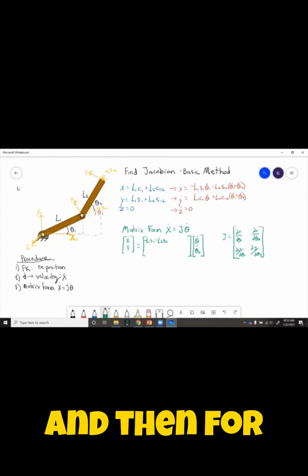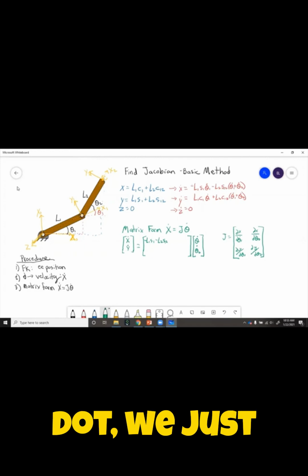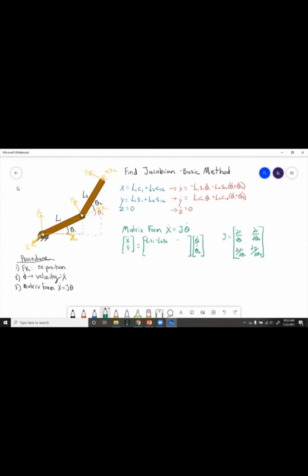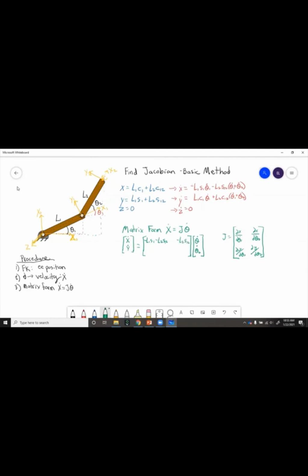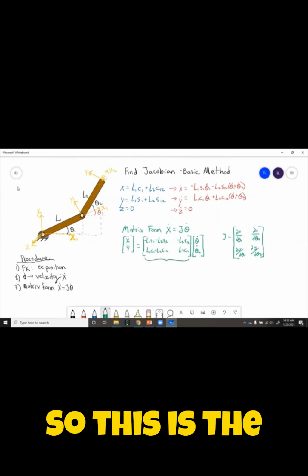And then for the theta 2 dot, we just have minus L2 S12. And similarly for the y. So this is the Jacobian.